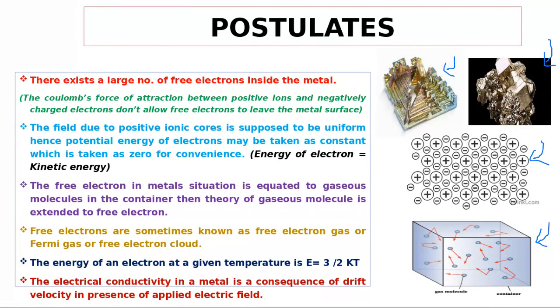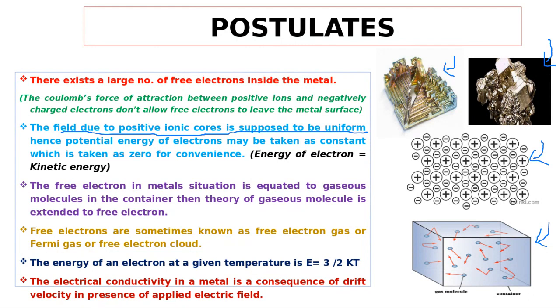If we have a metal crystal, the electrons are like an electron gas, and in this case the field due to the positive ion cores is supposed to be uniform. What is this field? If you have unlike charges, positive and negative, they attract each other due to some field, and that field is the Coulomb field.